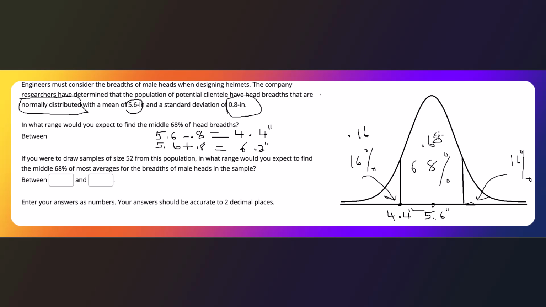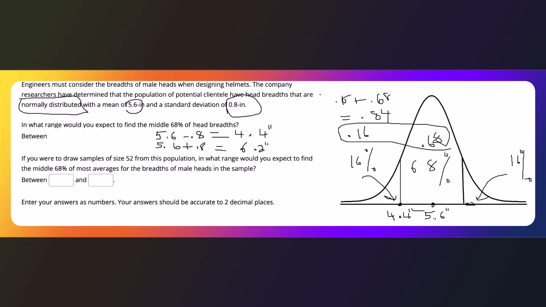and 0.68. Okay, so what you can do is go to inverse norm and find the numbers corresponding to 0.16 area to the left, and then this total, that means 0.16 plus, sorry about the handwriting, 0.68, that is 0.84 to the left.